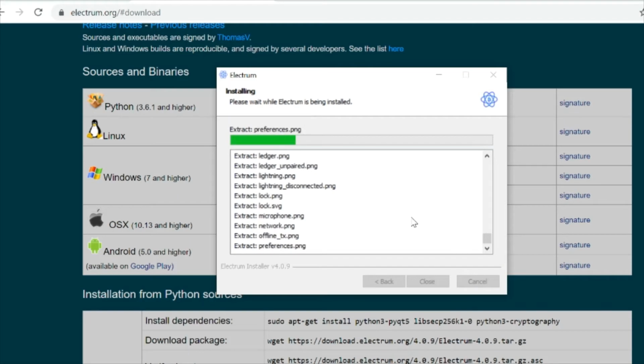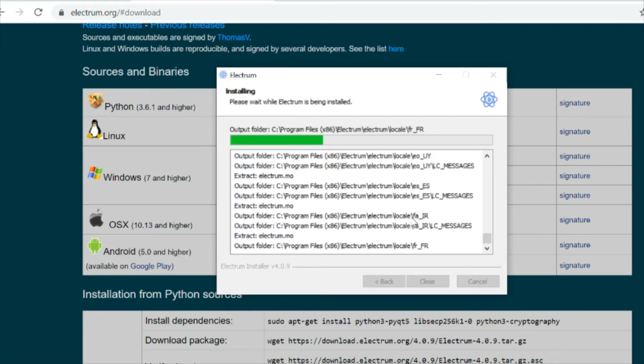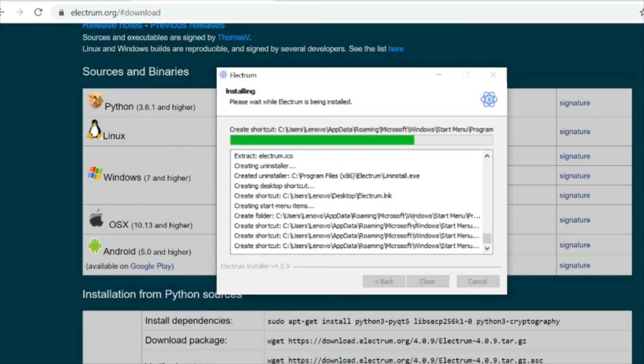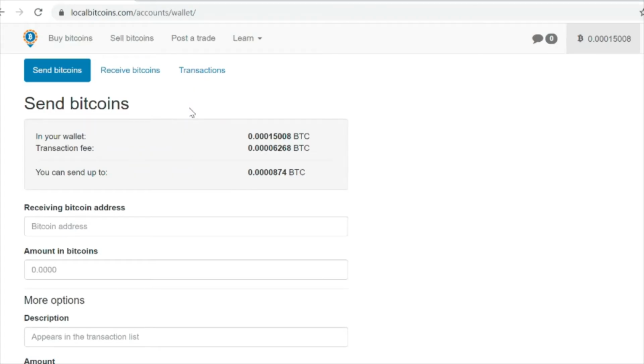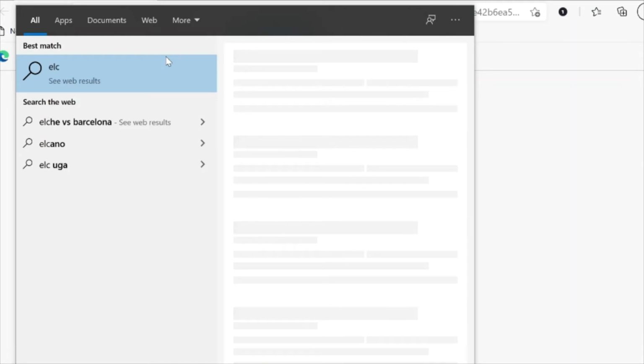So once you create a wallet from this software, it is going to be created on the blockchain, and then you can store your Bitcoins in this wallet instead of maintaining them on your exchanges for long-term storage. I've already installed the application.